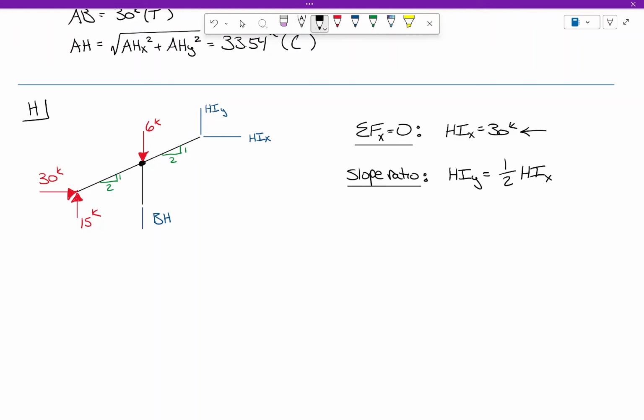Does that make sense? Everybody okay with that? So just think it through that way. At the end of the day, if this is 30, this has to be 15 because 30 is to 15 as 2 is to 1. So this is 15 kips, but which way? Down. Down. We in agreement? Okay. So now what?